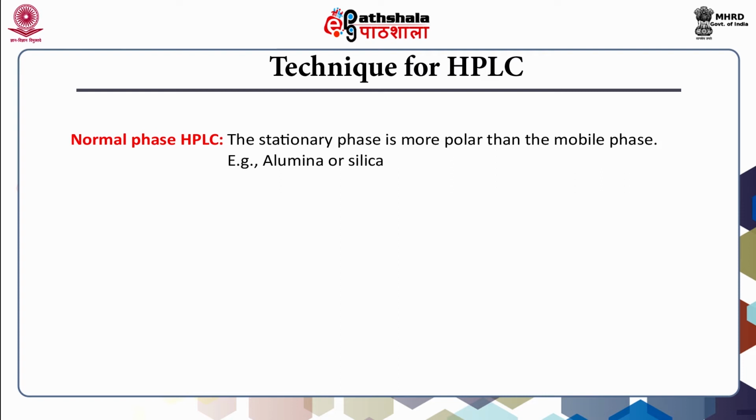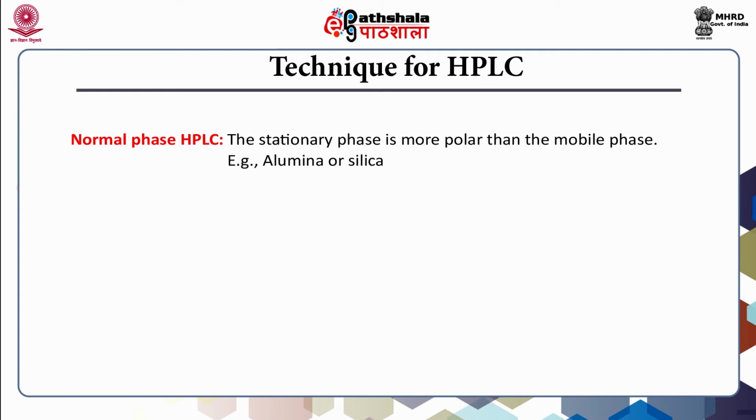In the previous slide we saw that if the mobile phase composition is the same, it is called isocratic elution, and if the mobile phase is different at different times, it is called gradient elution. But in this slide, if the stationary phase is more polar than the mobile phase, then it is called normal phase HPLC.